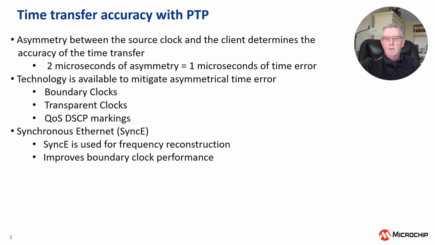Since we don't know what the asymmetry is, we're assuming it's 5 microseconds in each direction, so we're going to send a 5 microsecond correction to the client with the next timestamp that we send to point B. But if we see that asymmetrical error, where the delay is actually 4 or 6 microseconds in the forward or reverse direction, that's 2 microseconds of asymmetry that will produce a 1 microsecond time transfer error.